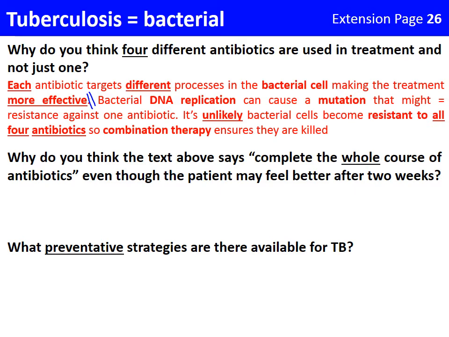Now, even if one of the genes that made the protein involved in whatever biochemical reaction we've got inside the cell was mutated and the bacterium became resistant to the antibiotic that affected that protein, it's very, very unlikely that these bacterial cells will have 4 separate mutations in 4 separate alleles that give rise to 4 different proteins that this time are not affected by the antibiotic.